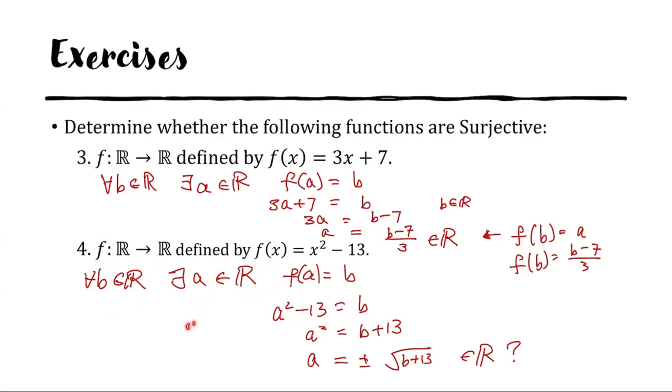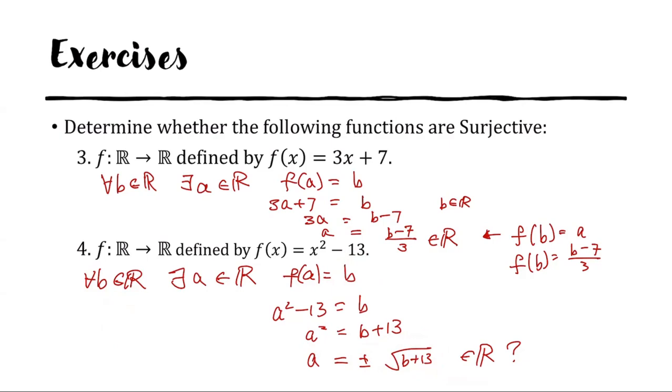So you need to find an input that maps to every output from the set of real numbers. So this means if we want to get b as the output, then we need to let a equal plus or minus square root of b plus 13. If this belongs to the input set, then we are able to find an input that maps to b, which is this value.